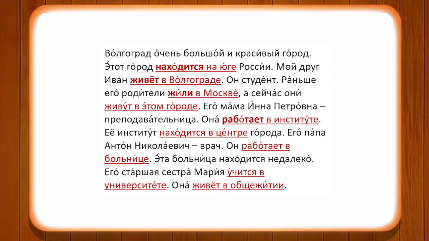For example, преподавательница, we have seen, then врач, etc. Then you have also seen some of the prepositional case forms, в университете, больнице, в центре, etc. So likewise, you can also go through the text properly and underline all such sentences where we have used the prepositions в and на. I hope this concept is absolutely clear to you all.